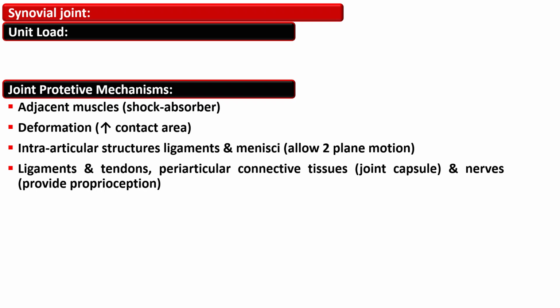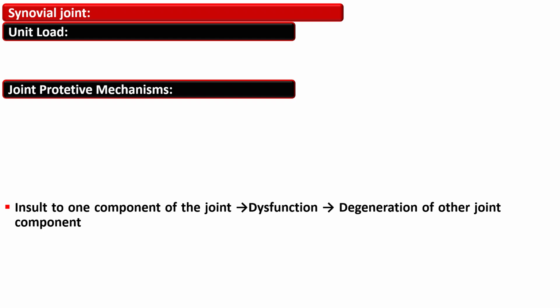Intra-articular structures such as ligaments and menisci also allow plane movement and reduce the unit load. Ligaments, tendons, connective tissue and nerves are all important protective mechanisms of the joint which control the unit load.